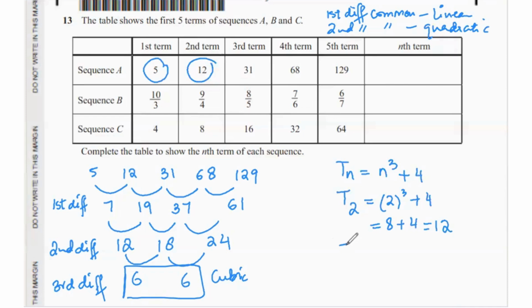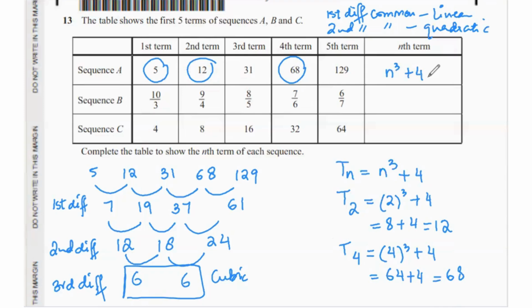Okay, let's use that again to find the fourth term. That's going to be 4 cubed plus 4. 4 cubed is 64, and 64 plus 4 is 68. That once again matches with the term given in the sequence, which means our nth term for the cubic sequence is n cubed plus 4.